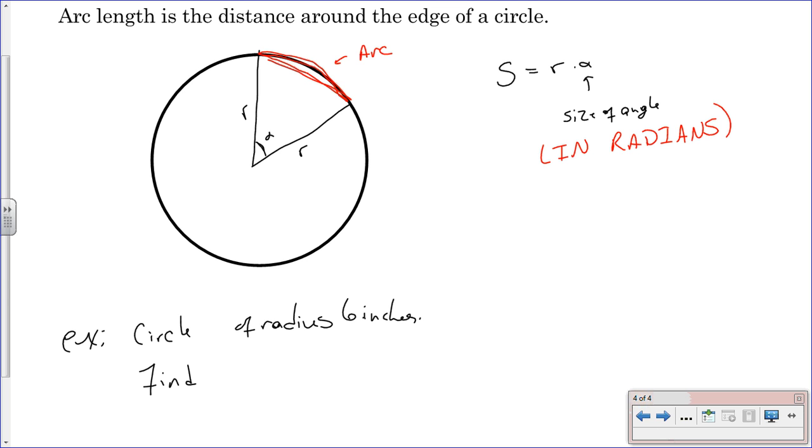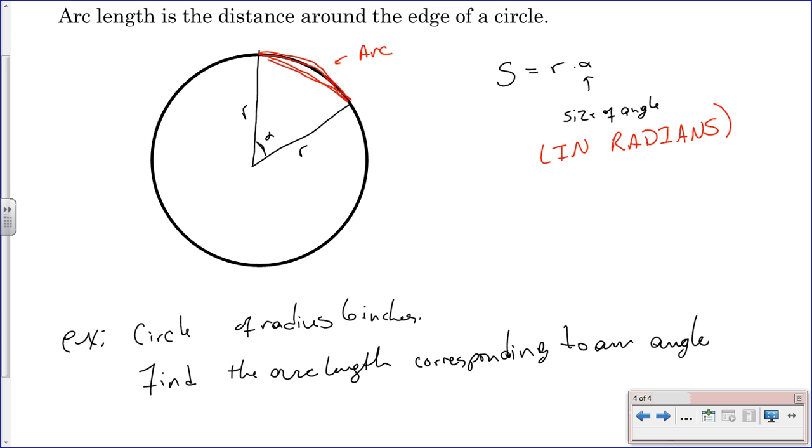Find the arc length corresponding to an angle of 10 pi over 6 radians.